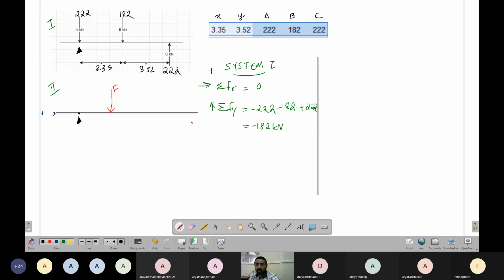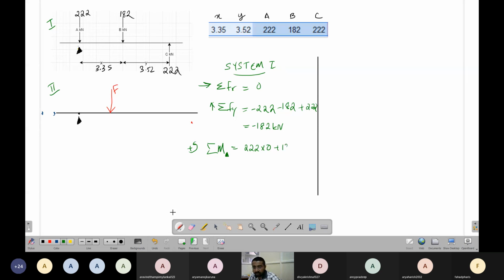All forces in kilonewton. Okay. Force effective. Now what is the summation of moment? Summation of moment about the triangle point. Okay, so 222 again, anti-clockwise positive. But 222 into 0, because the distance is 0, it is passing through this point. 182 is rotating in clockwise direction, so it should be negative.